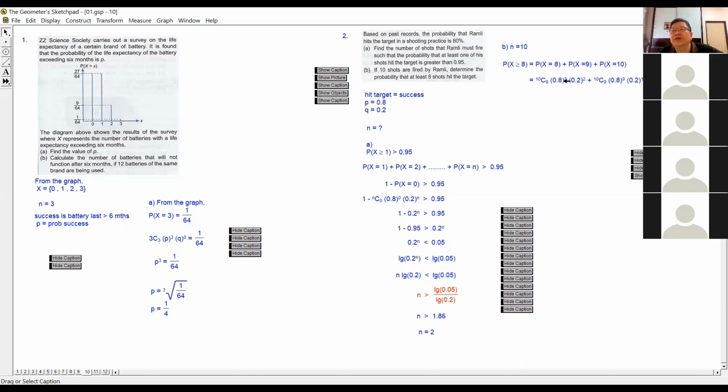So you know how to use this formula to find the probability of x equals 8. So this one will be 8, here will be 8, and this one will be 2, right? You know how to do. So using your calculator, you add up all these three, and what is the final answer? The final answer is 0.6778. Any questions so far?